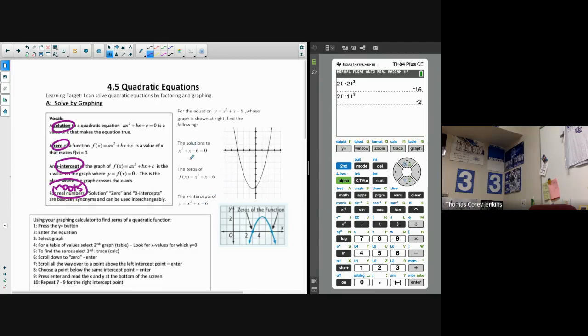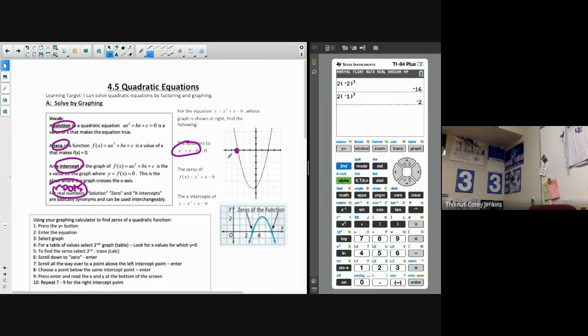So if I punch in y equals x squared plus x minus 6, I get this graph right here, and you can just take my word for that. What we need to look at are the x-intercepts, aka the zeros, aka the solutions. The x-intercepts are really the most important thing.